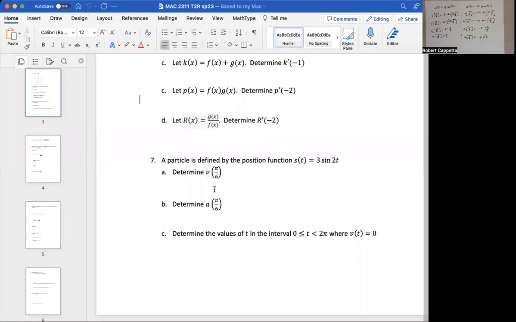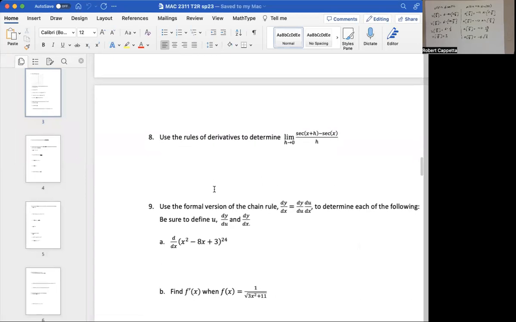Number 8, what do we have? Use the rules of derivatives to do that. Okay, well, again, you've memorized the derivatives of the 6 trig functions. So I want to look at the limit as h goes to 0 of secant of x plus h minus secant of x, over h.